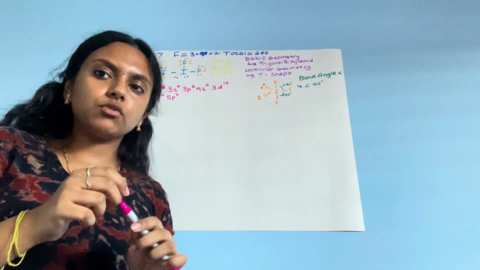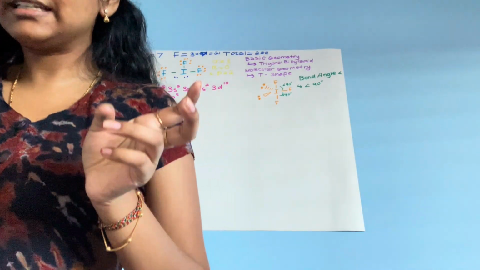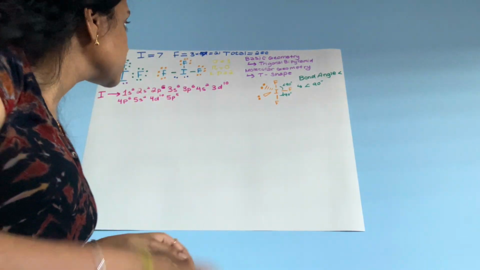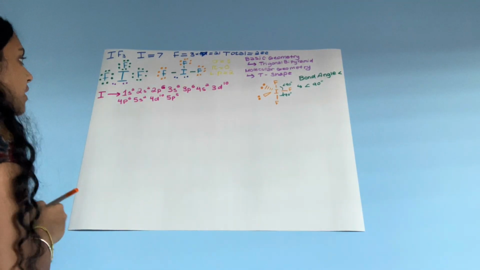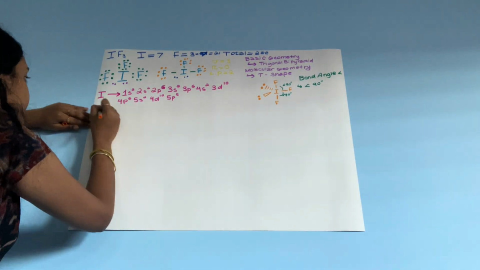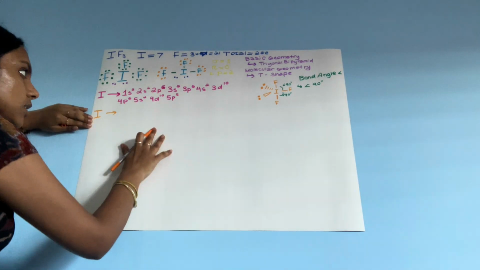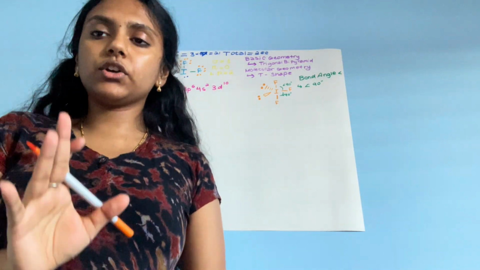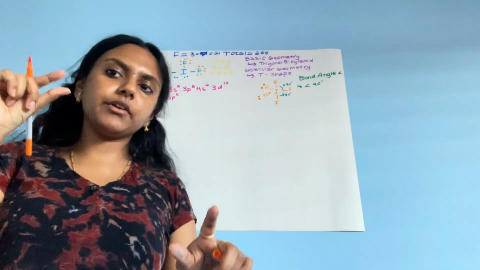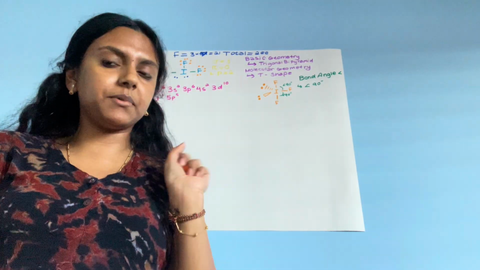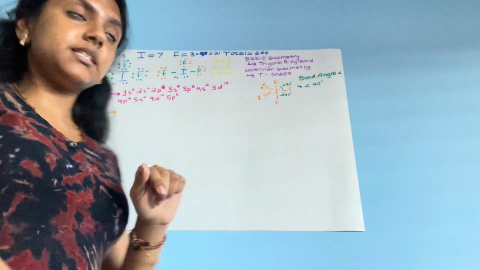Now we're going to write the shorthand notation, so let's write that in orange. So that will be iodine arrow, and we can refer to the periodic table. On the periodic table, the noble gas right before iodine is krypton.